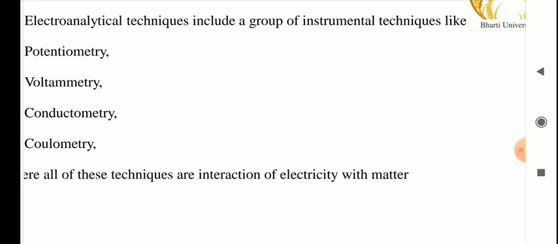All these techniques involve the interaction of electricity with matter.